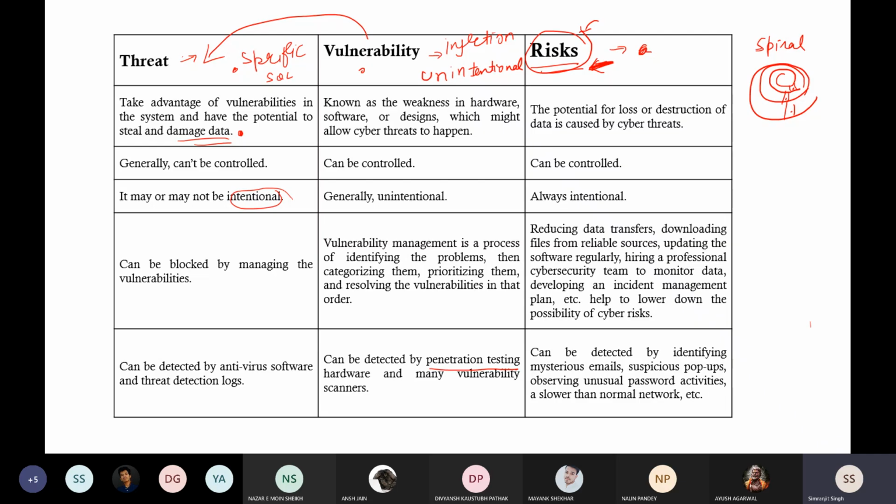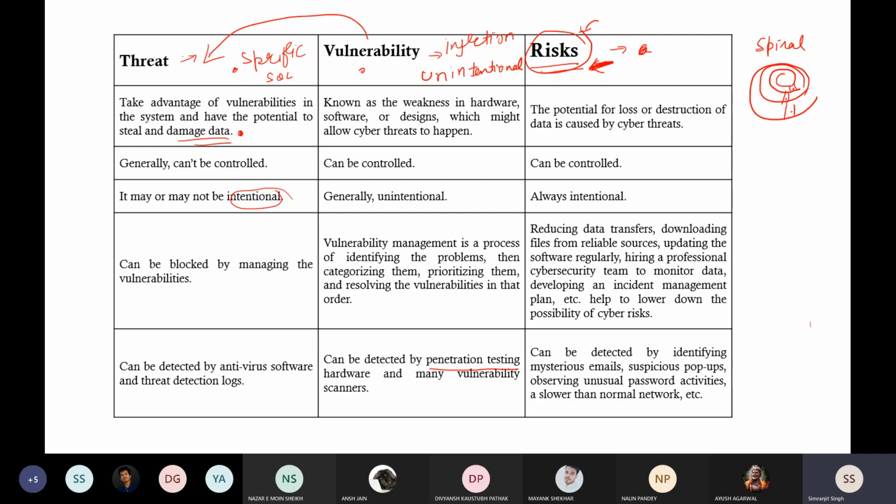So I'll go towards the risk part. One thing that is referred to as risk mitigation, don't worry about that. You just have to understand these two points, threat and vulnerability. Due to vulnerability, a threat can arise. Threat will mostly be intentional, and vulnerability is generally unintentional.